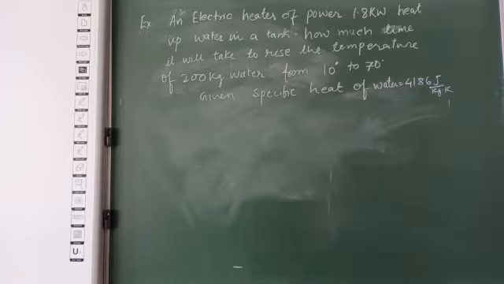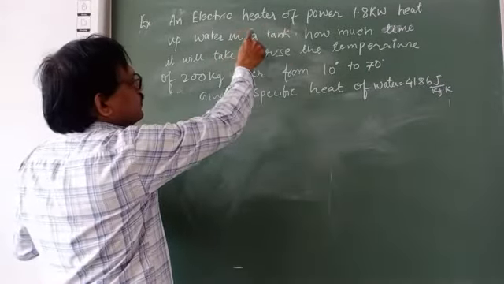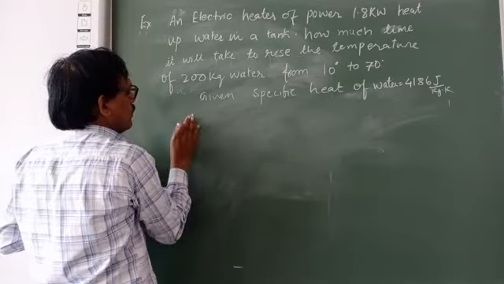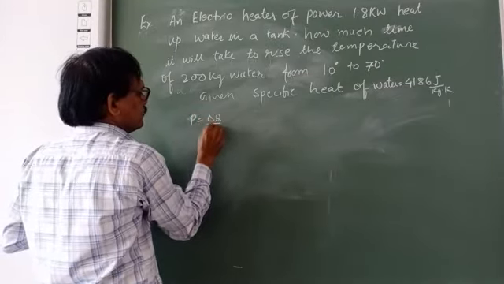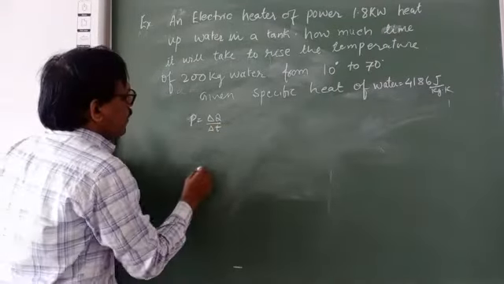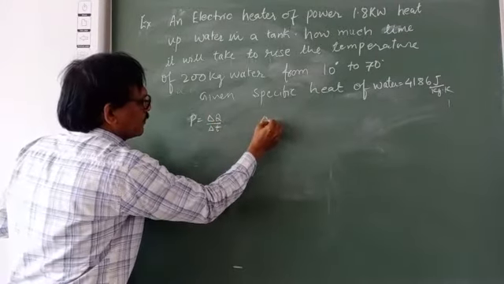Here the power of the electric heater is given. So power equal to delta Q by delta T, and so we require delta Q. How will you calculate delta Q?